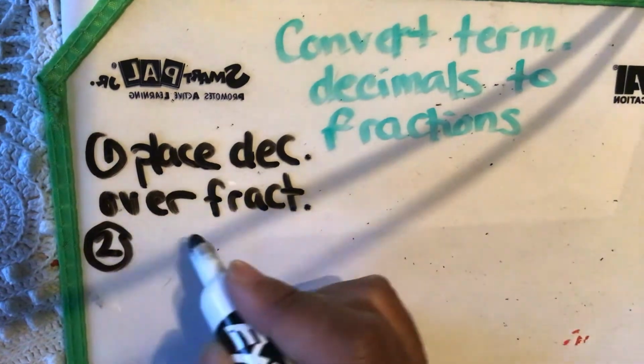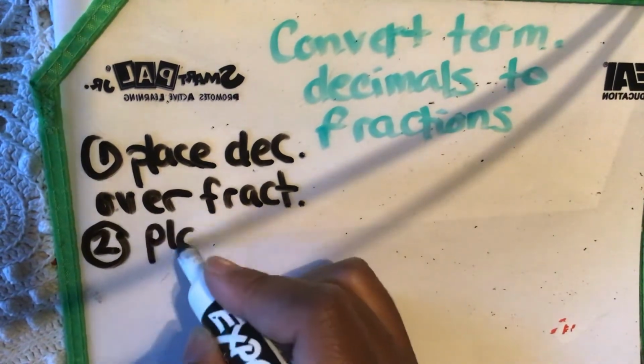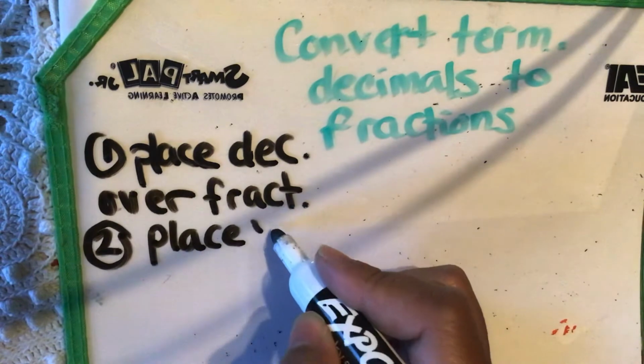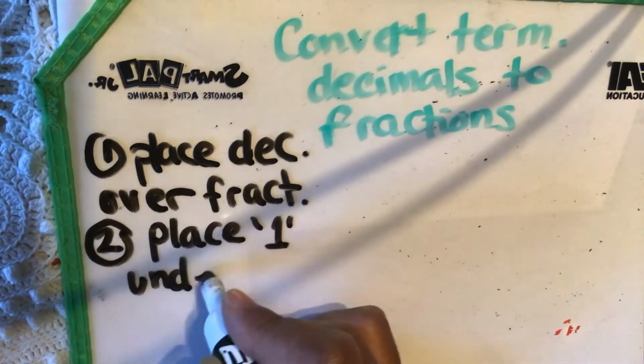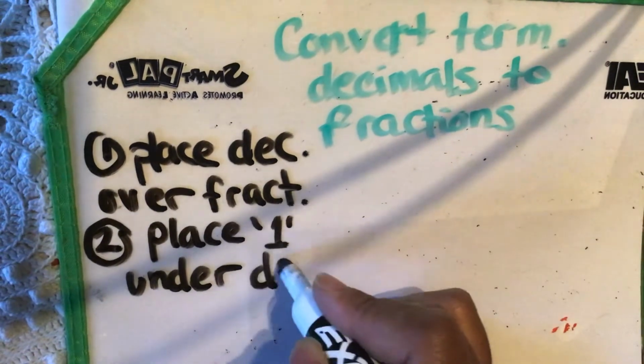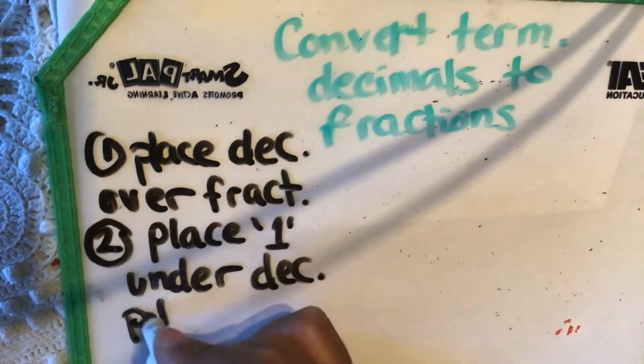Second step, you're going to place a 1 under your decimal point.